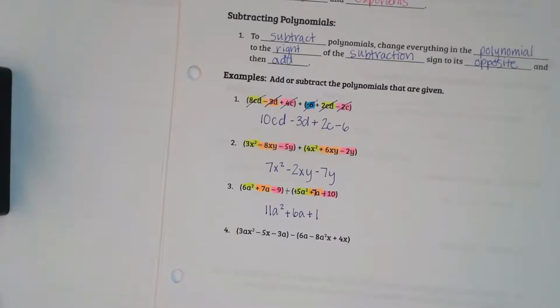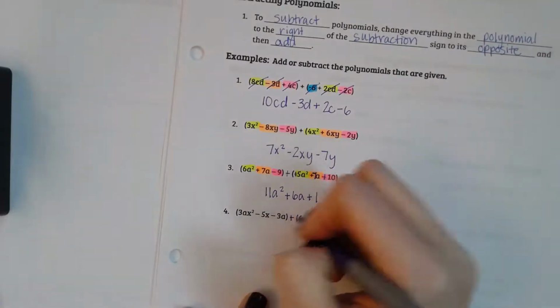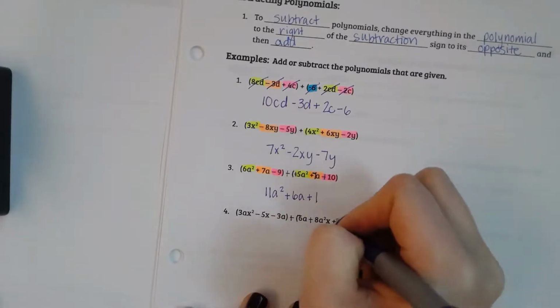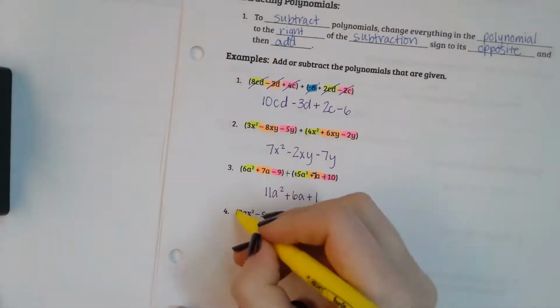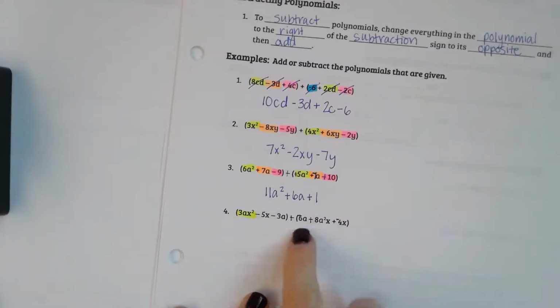Okay, so do that same thing here. So I'm going to change this to an addition sign, then minus, plus, minus. So I just went through and changed all of those. So then I've got this 3ax squared. Over here, I've got this ax, but it's the a that's squared, not the x.